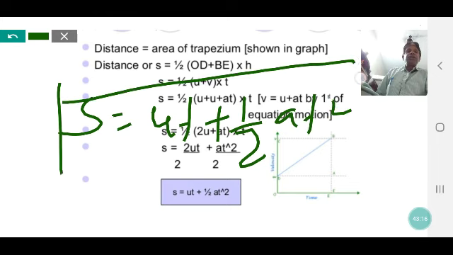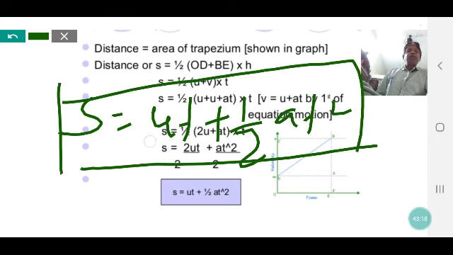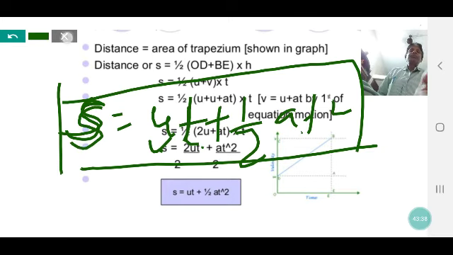In this equation, only initial velocity, time and acceleration are involved, and the distance covered, the displacement, is expressed in terms of initial velocity, time and acceleration. Only these three physical quantities are involved in calculating the distance travelled.